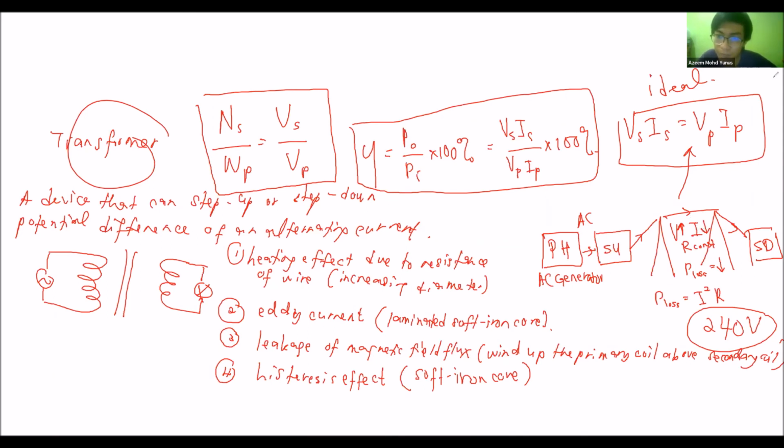If the power leaving the transformer is 500 watts, for example, and we want to increase the voltage, then the current must be reduced to balance back to the 500 watts.